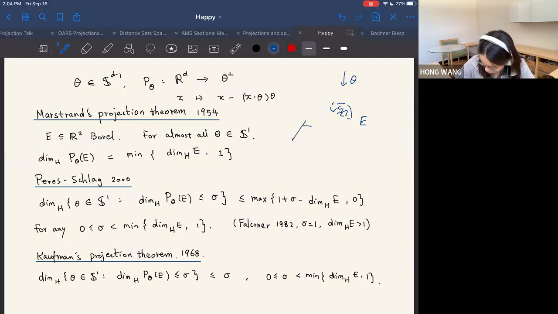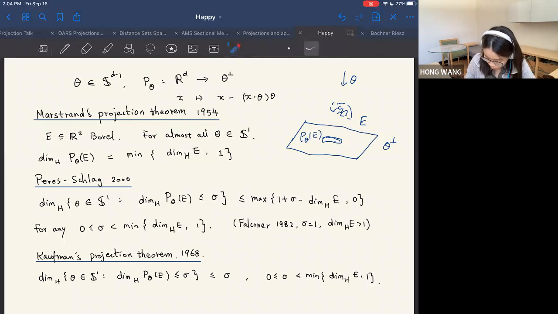Then we try to project E to the hyperplane that's perpendicular to theta. So this is the projection image of E. The definition is x minus x dot theta times theta, so minus the part that's in direction theta.